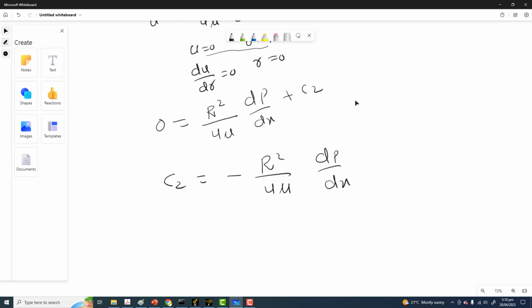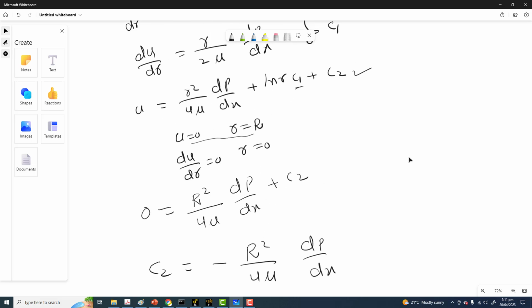So you have to put this term into the equation for the velocity profile. We have to insert C1 and C2 in this equation, and C1 is equal to 0, which we got from the very first equation.